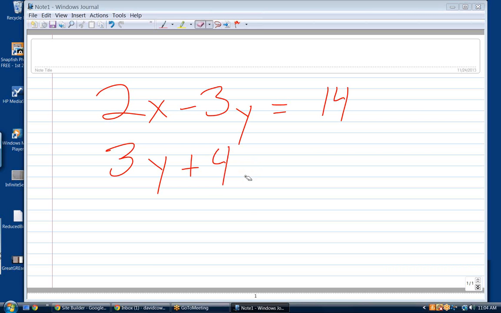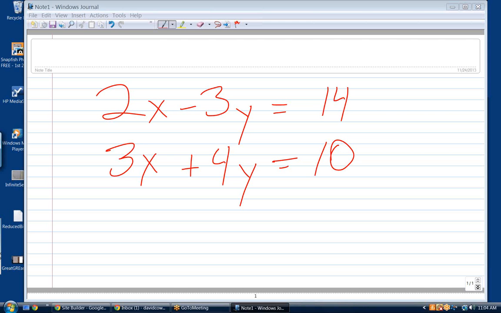How would you solve that? Okay, so I'm not great on these, but I think you solve one of them for one of the variables, and then you plug it in or something.